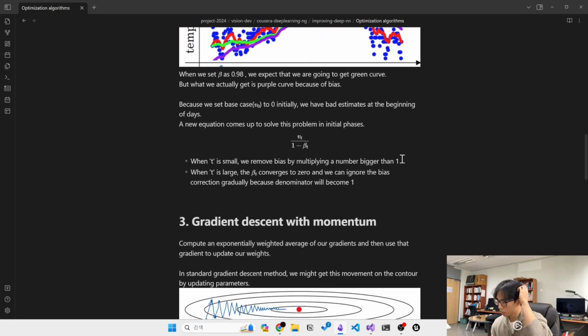By dividing by 1 minus beta to the t, we can remove the bias by multiplying by a number bigger than 1. But when t gets larger, beta to the t converges to 0, and we can gradually ignore the bias correction because the denominator, 1 minus beta to the t, becomes 1. So it leaves vt as itself.